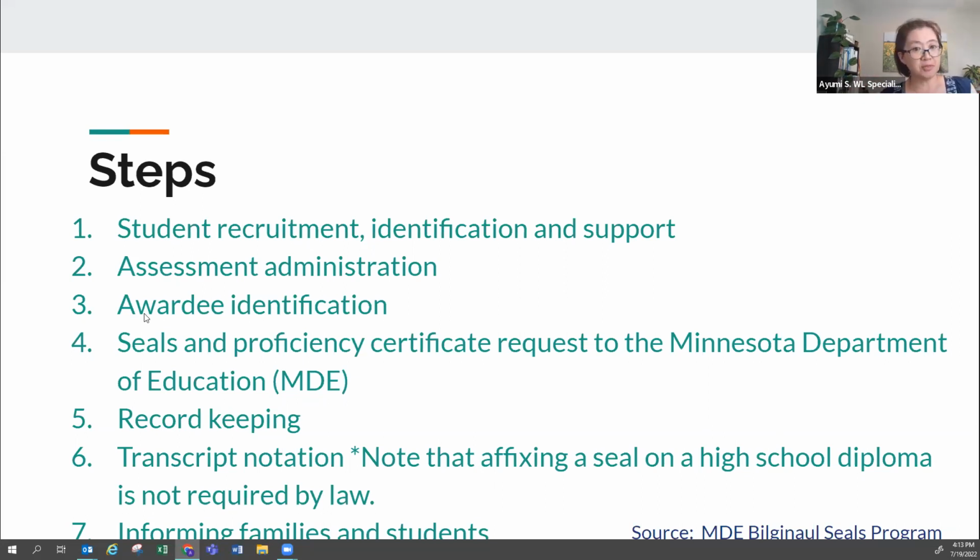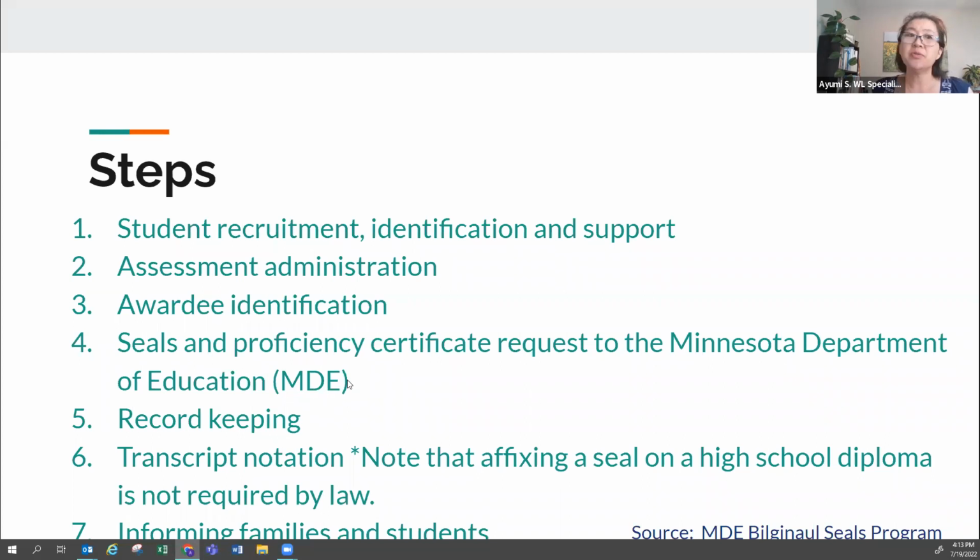And after you administer the assessment, typically you receive the ratings from the testing companies, and then you identify awardees according to Minnesota's defined criteria. After that, seals and proficiency certificate requests have to be submitted to the department.